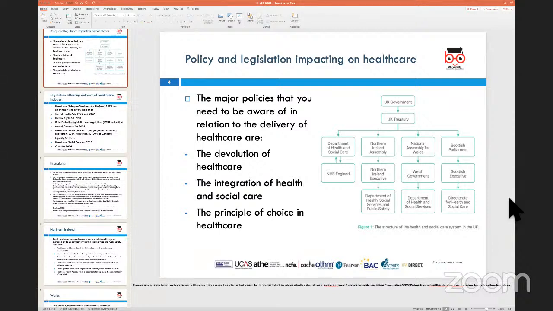The concept is that it can be locally applied and made more adaptable to the people in that particular area.